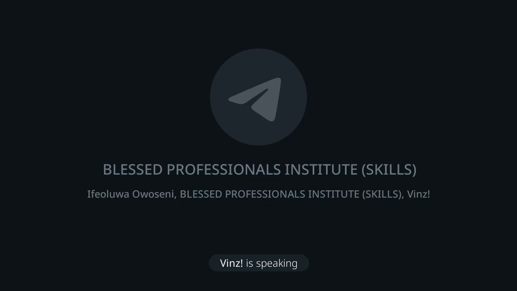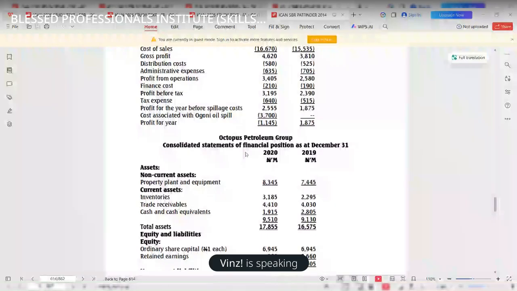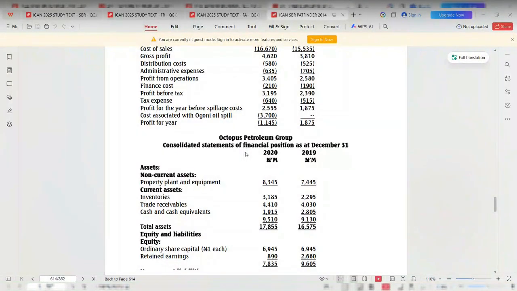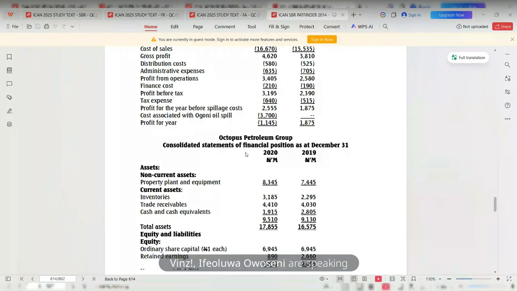Let's do return on equity if we can actually try return on equity. Return on equity, that's earnings after tax minus non-controlling interest minus preference dividend too, divided by equity minus non-controlling interest.